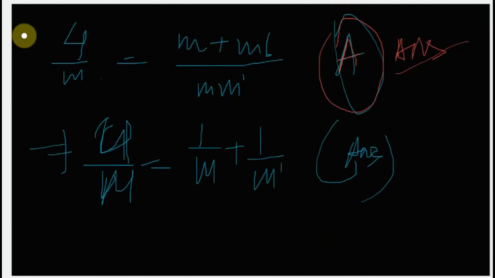So 4 by M is equal to m plus m prime upon m into m prime. Sorry, by mistake my handwriting is not good, so wait, first I check it.